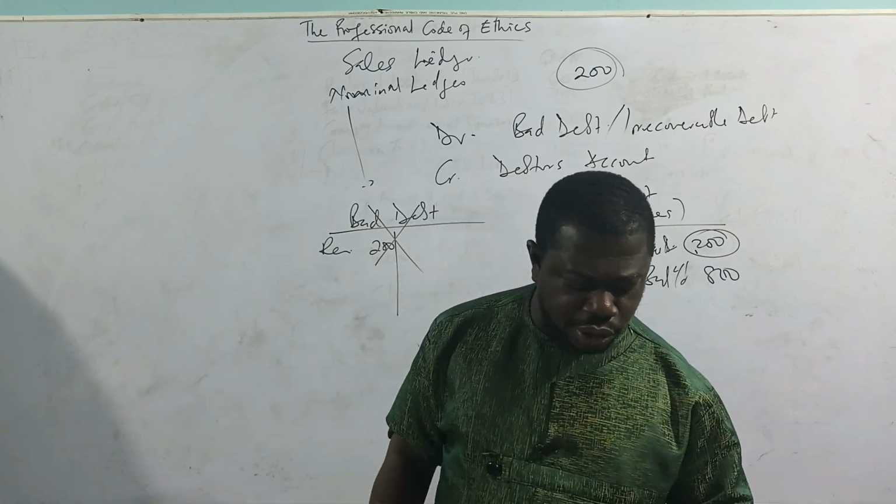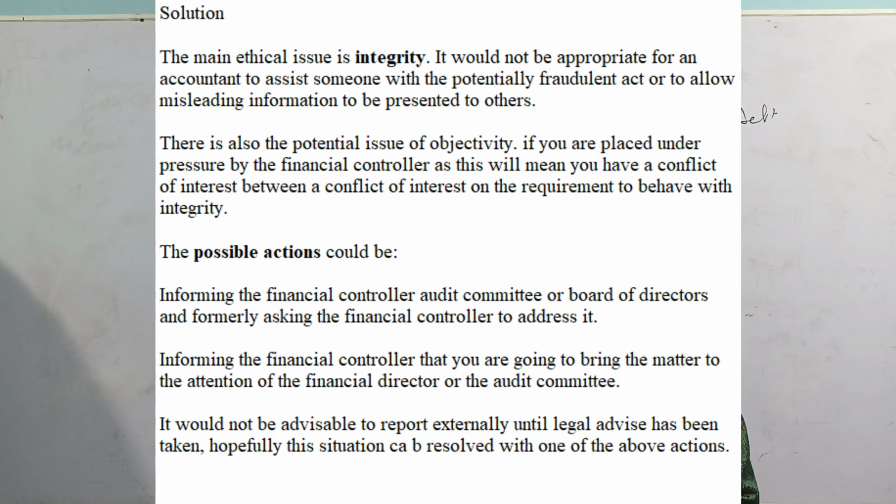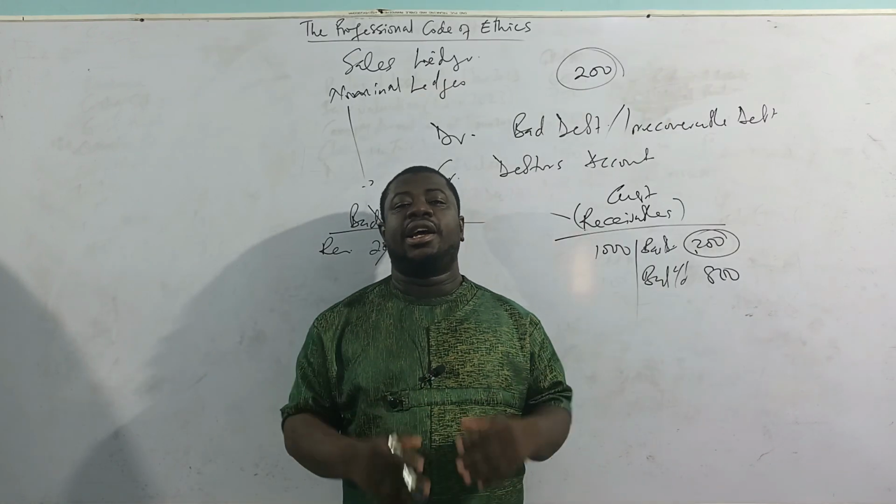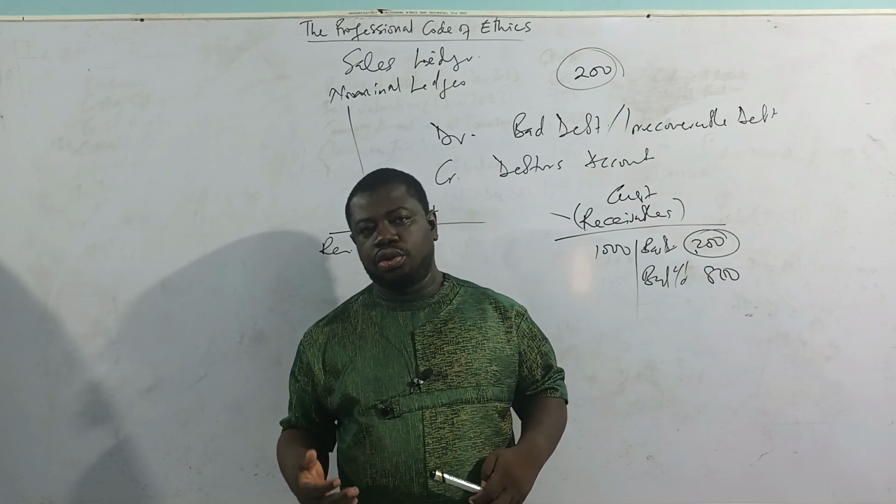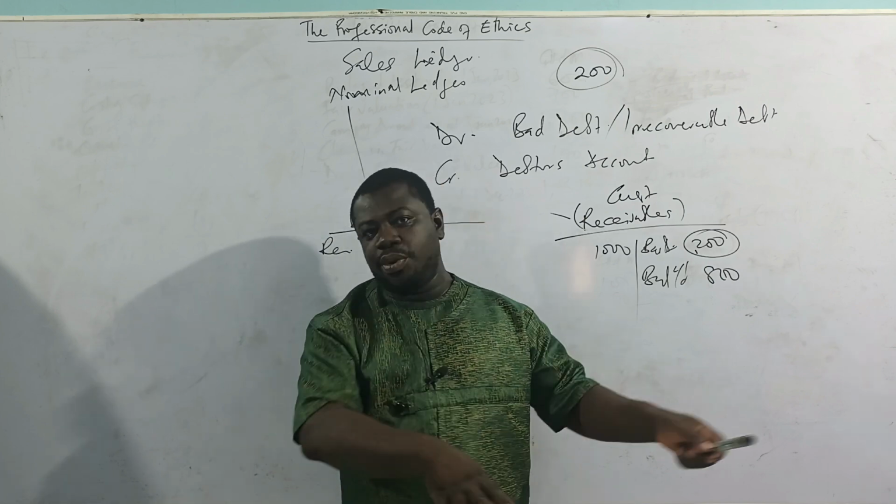So going back to the solution, we said that the first issue is integrity. You need to act very well not to breach integrity. And the second one is that there is also a potential issue of objectivity. If you are placed under pressure by the financial controller, this will mean you have a conflict of interest between what your boss requires and how you also have to behave with integrity. You can be under pressure by your boss to accept and do things the way he wants it.